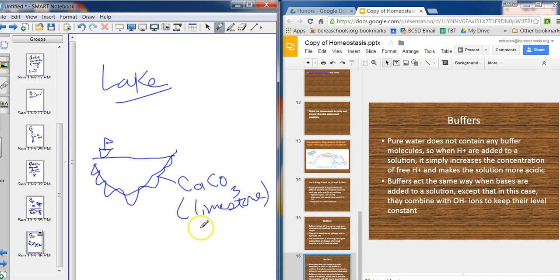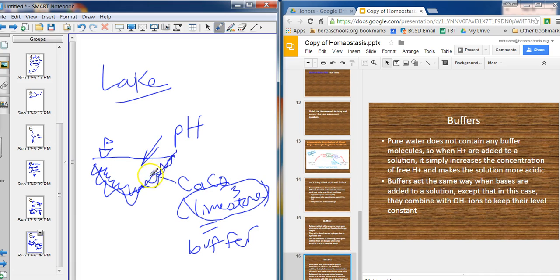And this actually acts like a natural buffer. So if there were pH changes in this lake to where maybe it was too acidic, because of the lake's natural design of having limestone as the bedrock, it will actually buffer the effect of that pH change. So it kind of acts as its own organism in buffering that pH.